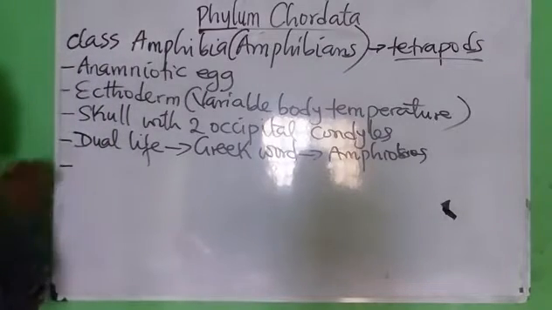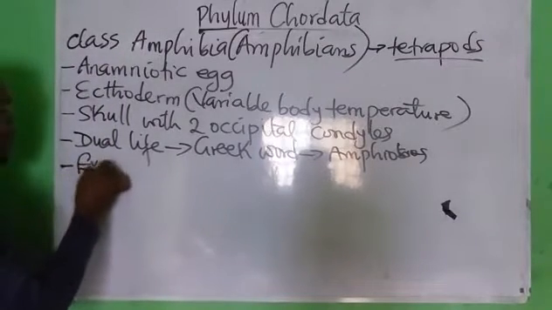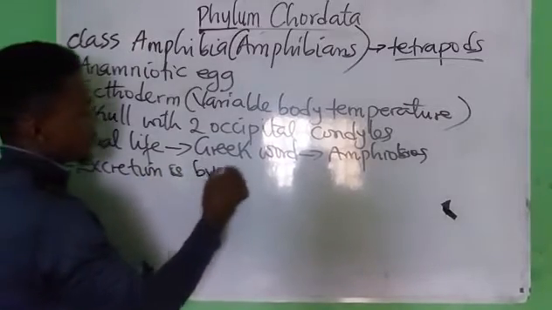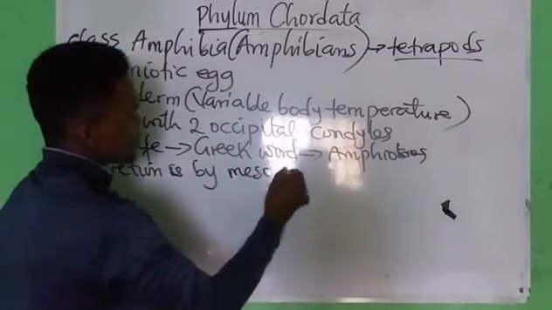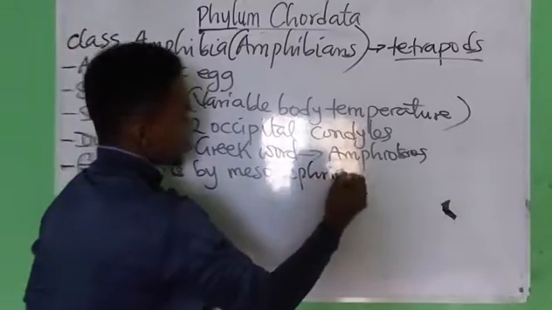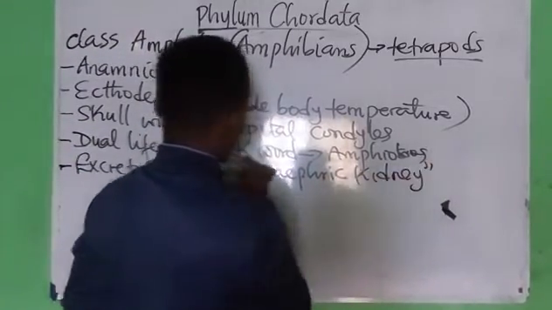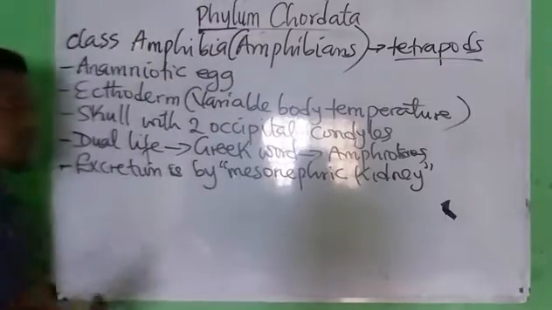Now, excretion in these guys is by the mesonephric kidney. They have the mesonephric kidney for excretion.